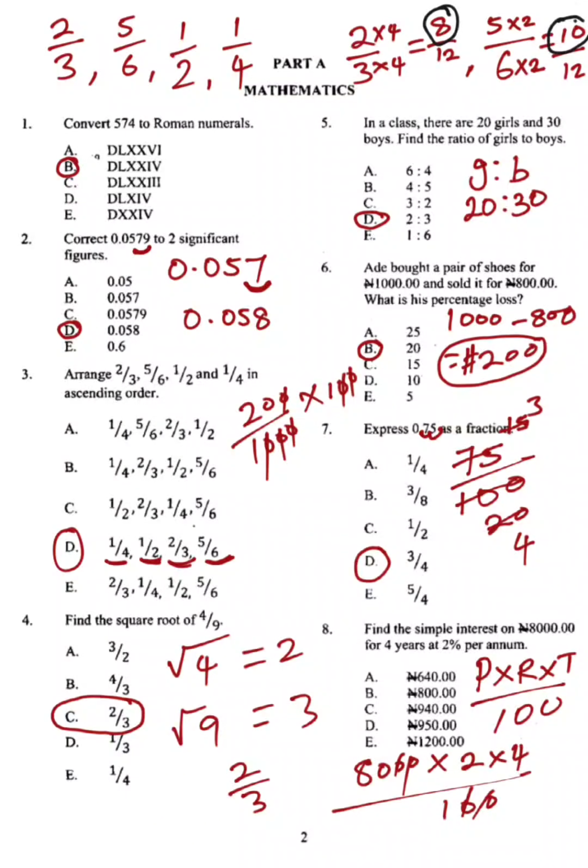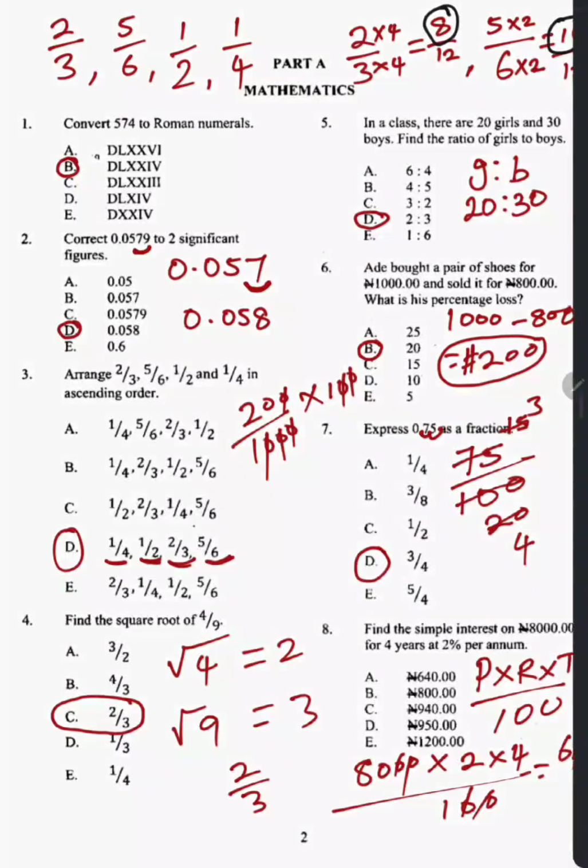First, 80 times 2 is 160. 160 times 2 is 320. 320 times 2 gives me 640.